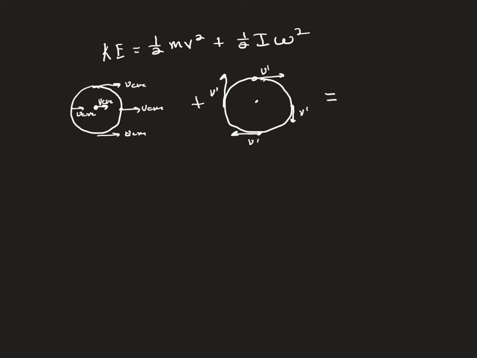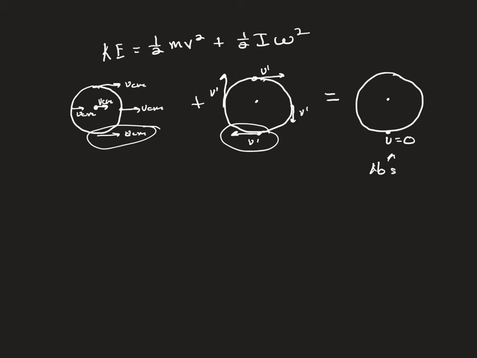So if the velocity prime and the velocity of the center of mass have the same magnitude, then we get a scenario right like this, where this one's pointing in the positive x, this one's pointing in the negative x, and v summed actually equals 0 here. And this is referred to as no slipping.